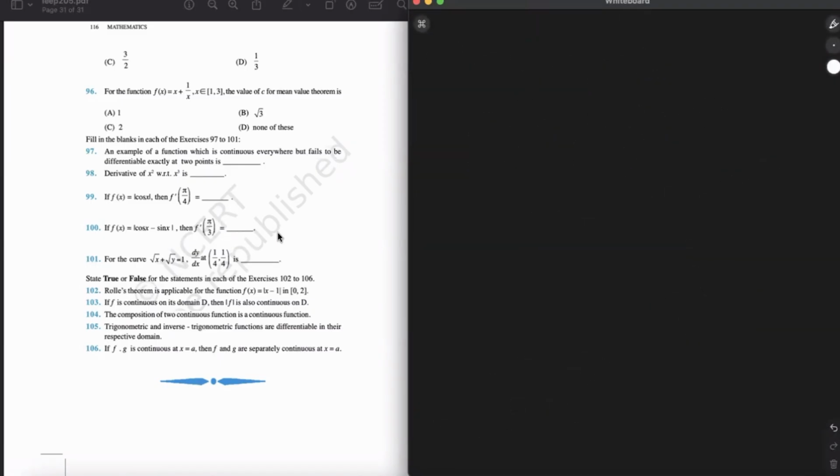Now, state true or false for the statements in each of the exercises. Alright.